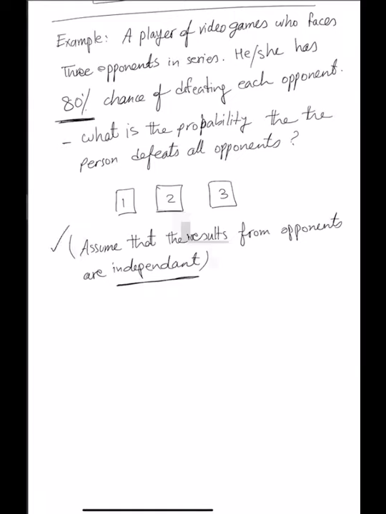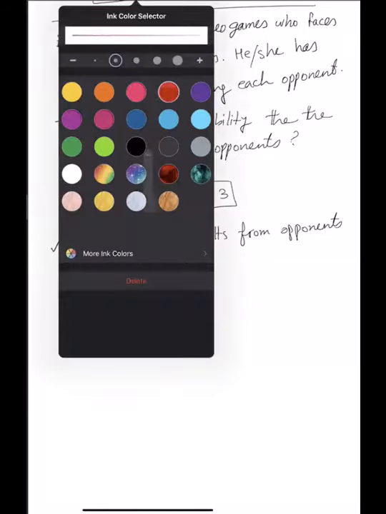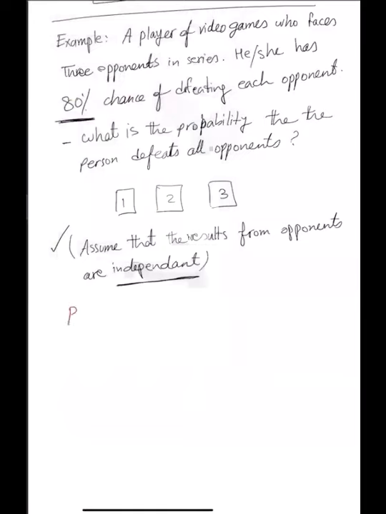So if that's the case, I want to know the probability that the person defeats all the opponents. So in that scenario, the probability that the person defeats the first opponent and defeats the second opponent and defeats the third opponent.